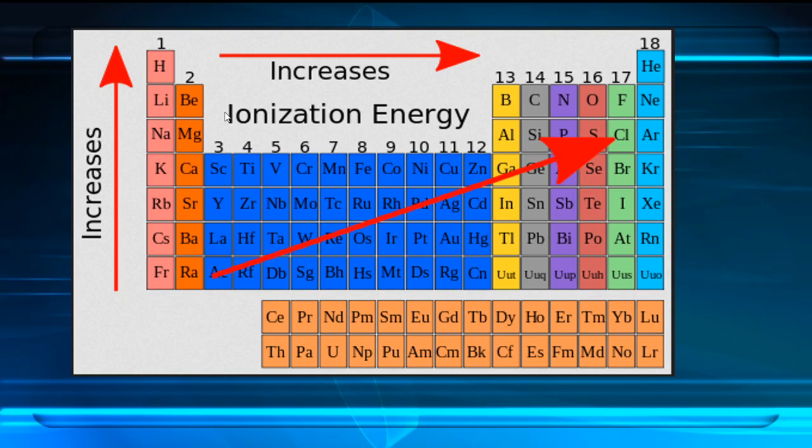Okay, and so what happens is this ionization energy, that's how much energy it takes to pull an electron off. So if you think about it, it increases as we go across a period. Why does that happen? Well, again, our radius is decreasing. So if our radius is decreasing, the magnets are getting closer together, right?